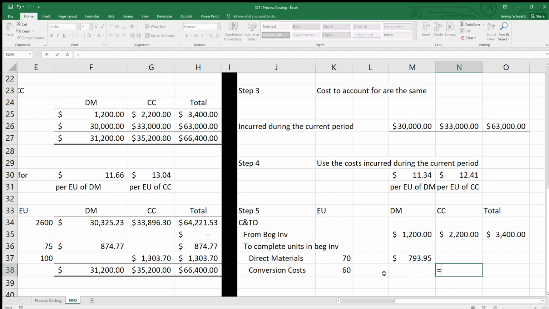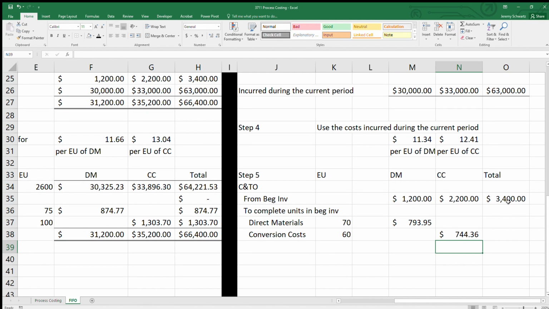So we would take 60 equivalent units multiplied by the 1241. And we can just bring this down and delete anything that doesn't have a calculation there.